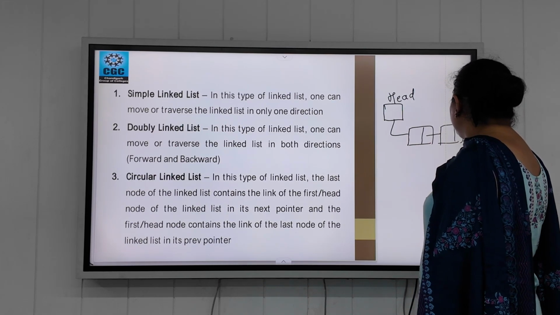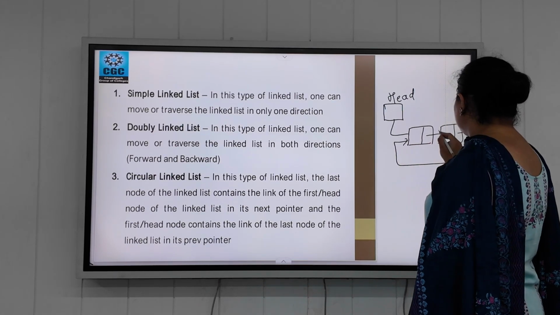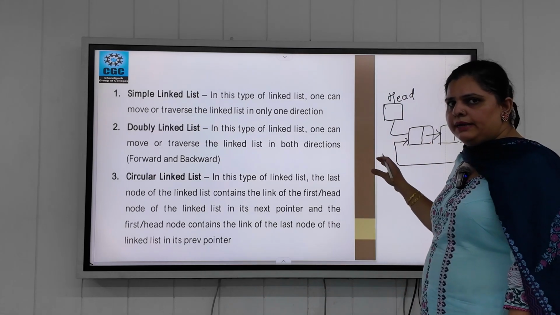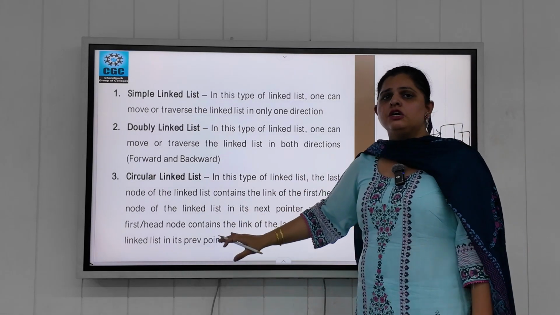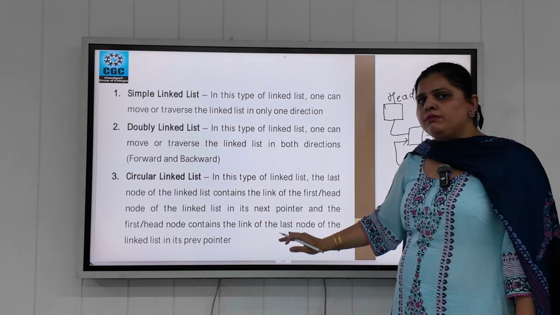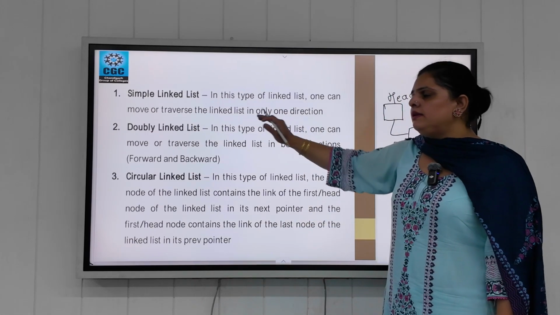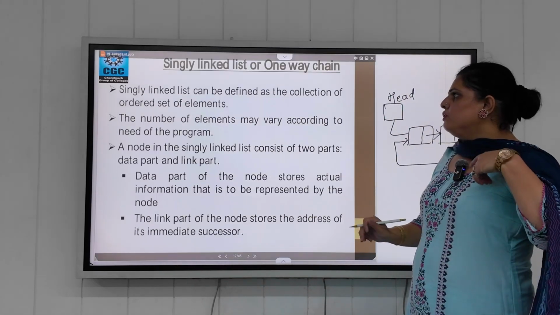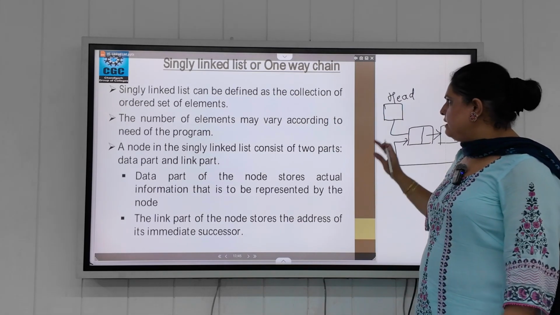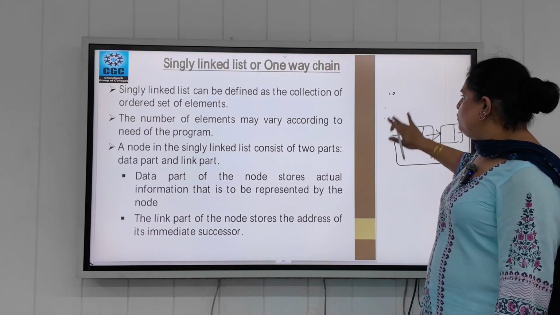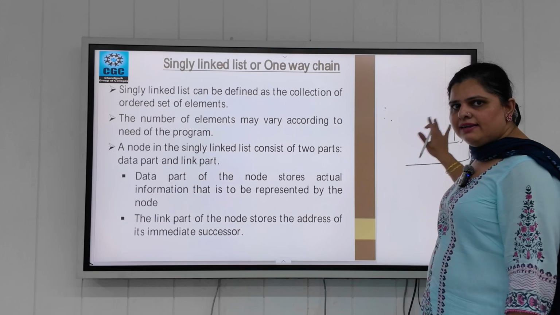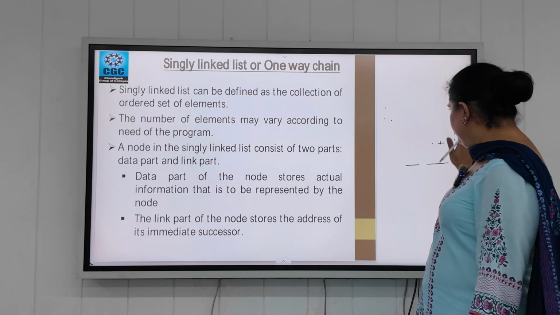So this node will be connected with the first node. This will be the concept of circular linked list, in which memory usage can be more efficient than simple and double linked list. Now we are going to discuss the first type of linked list, that is single linked list, in detail.